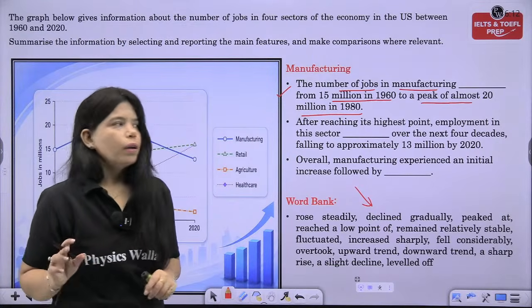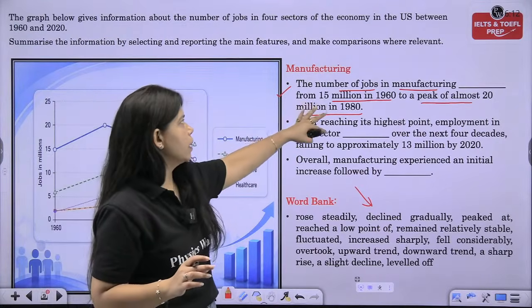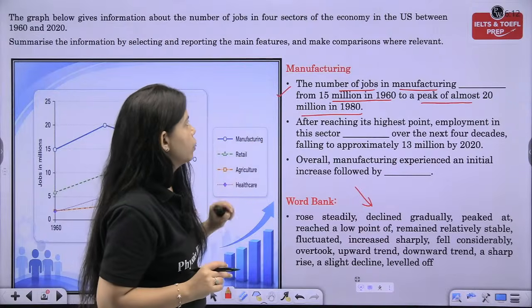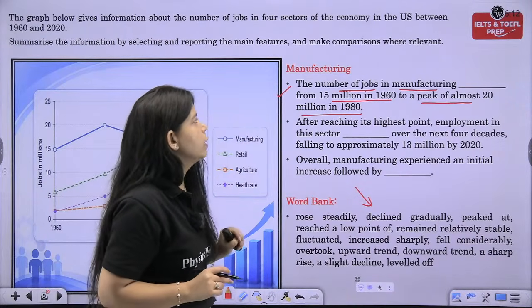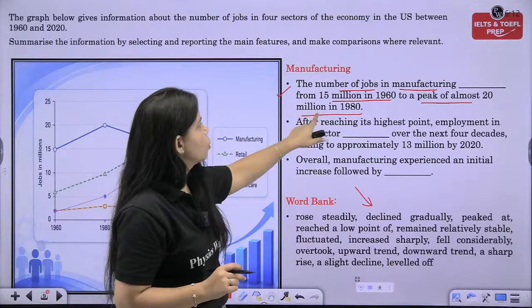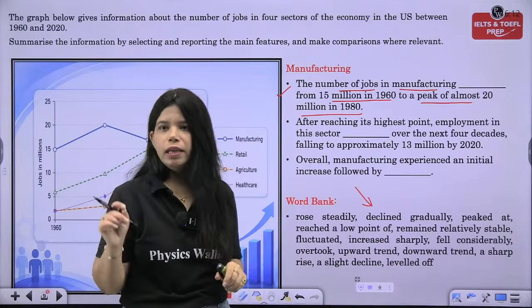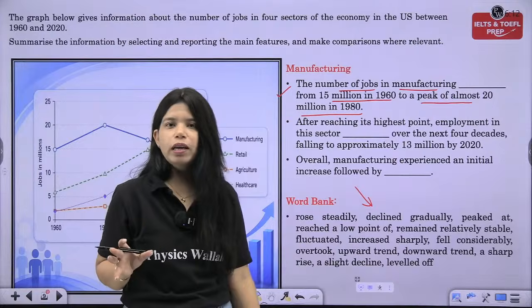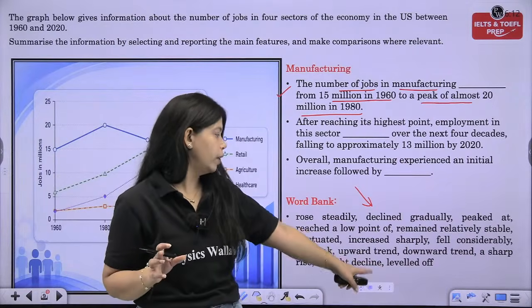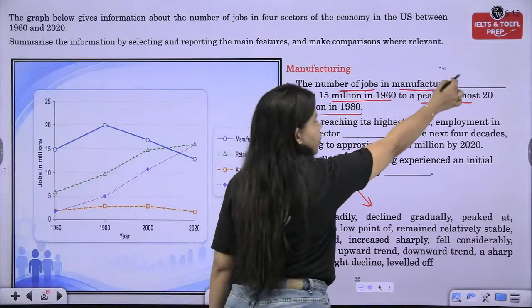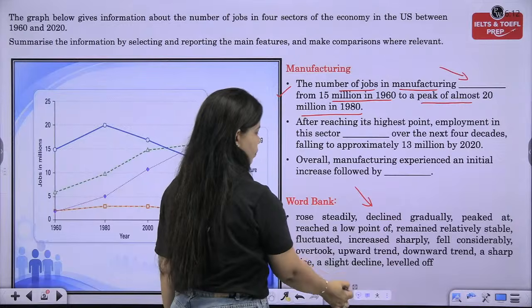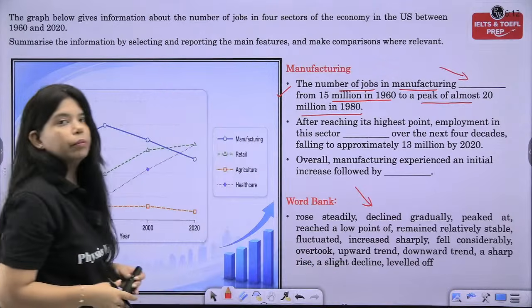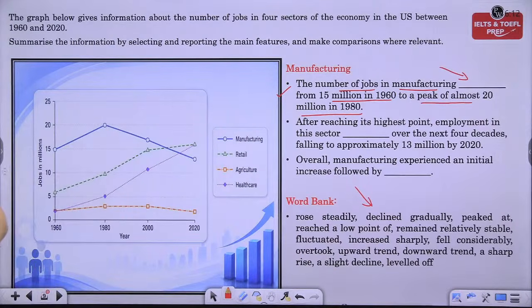Okay. Look here. The first sentence says the number of jobs in manufacturing dash from 15 million in 1960 to a peak of almost 20 million in 1980. And these are the words. Which word or which collocation will you take from here to fill that blank? Let me know. Is it blurred for the rest of you also, guys?